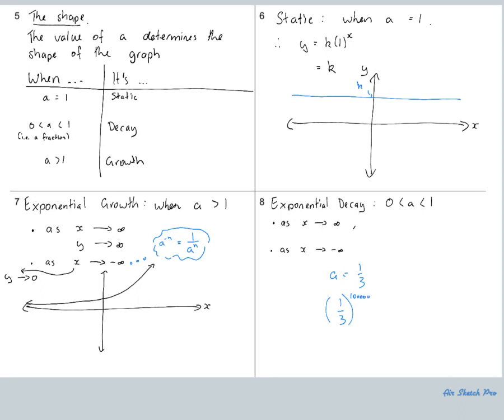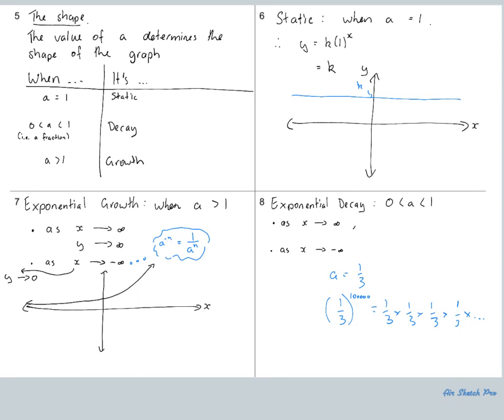That means a third times a third times a third times a third times and so on. So I'm hoping you can see from that, that in this case, if a is a fraction to start with, then as x gets bigger, y goes down towards 0.